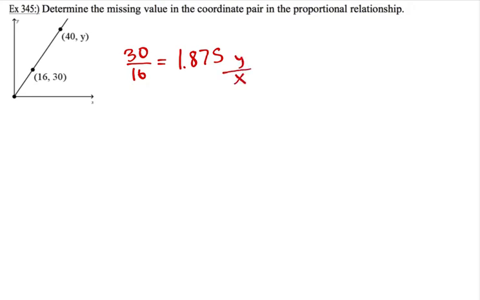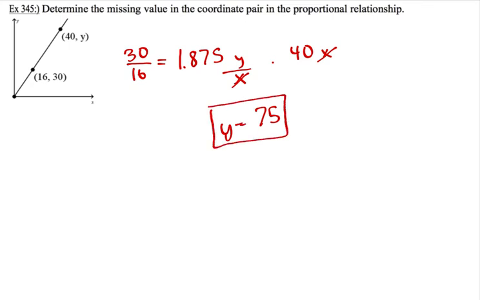And then the other one has 40 for my x value. So this will help me find my y value. 1.875 times 40 is 75. So y equals 75. And then just double check to make sure this makes sense. 30 is about twice as big as 16. It's a little bit smaller than twice as big. 75 is a little bit less than twice as big as 40. So the answer does make sense.